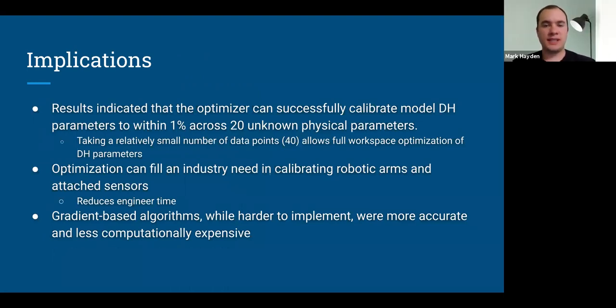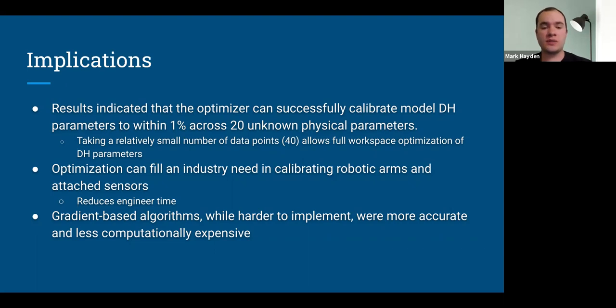To wrap things up, the implication of this project is that the results indicated that the optimization can successfully calibrate the model DH parameters to within 1% across 20 unknown physical parameters. So there are very good, very accurate results.